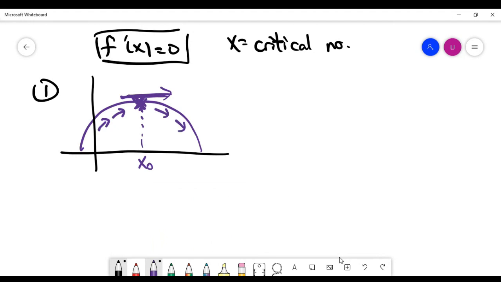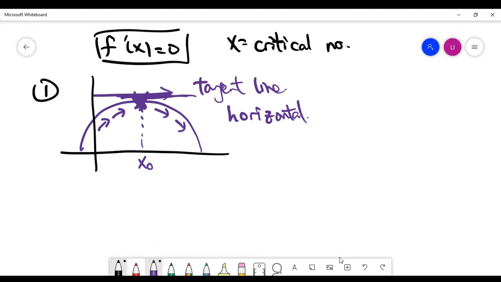You're going down after passing the point x naught, and right when you are at the top x naught, the tangent line is actually horizontal. A horizontal tangent line means f prime, the slope of the tangent line at this point, is 0.